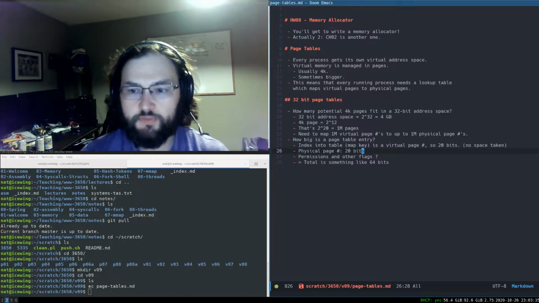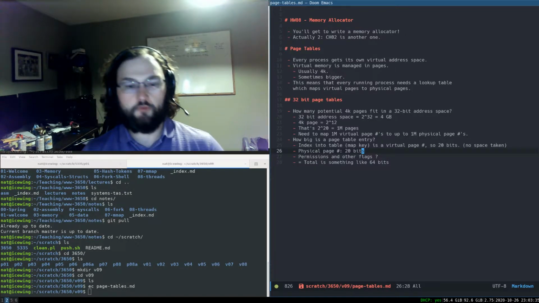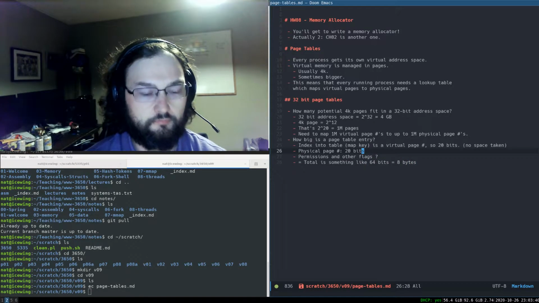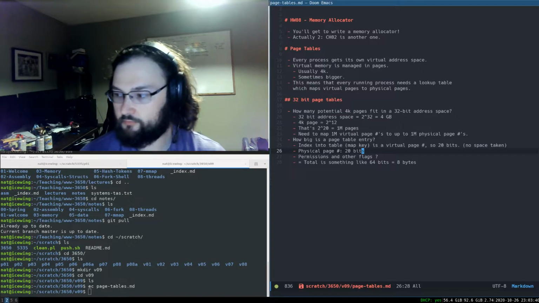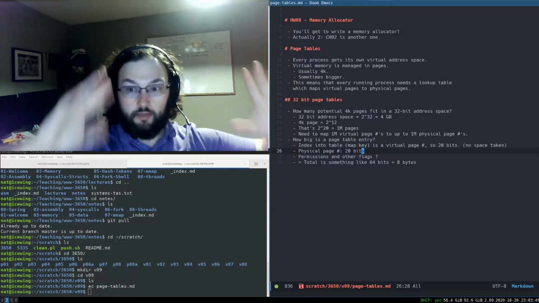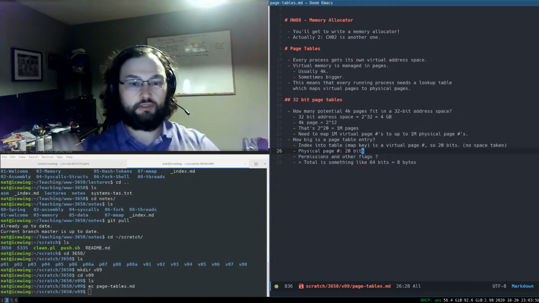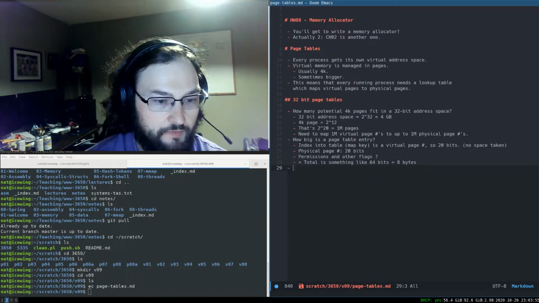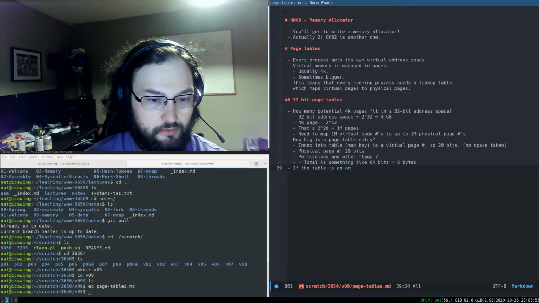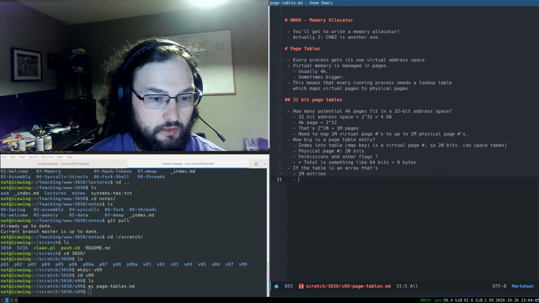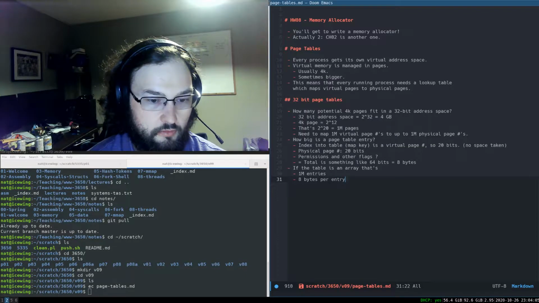That gives us a bunch of space for flags, it gives us a little bit of space for other information, but that means that we have to have this table mapping 20-bit numbers to 8-byte entries. So if the table is an array, that's 1 million entries, 8 bytes per entry.